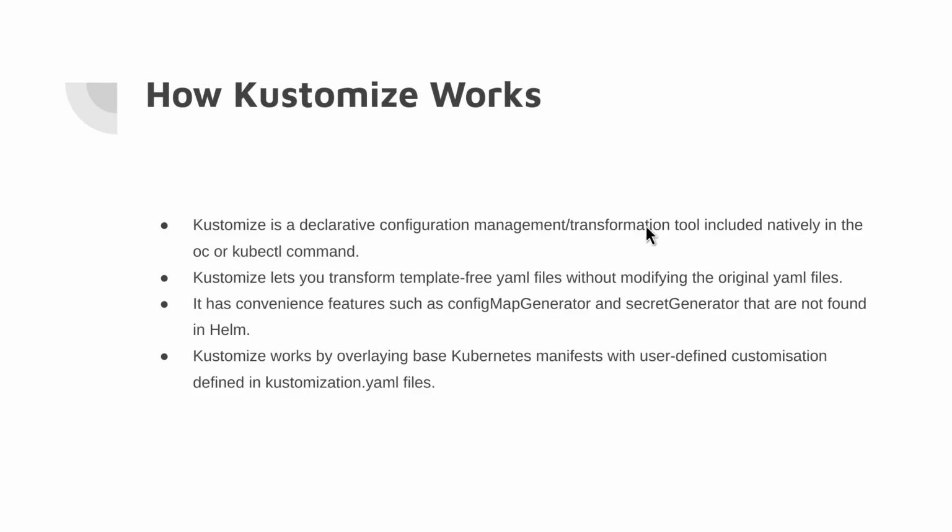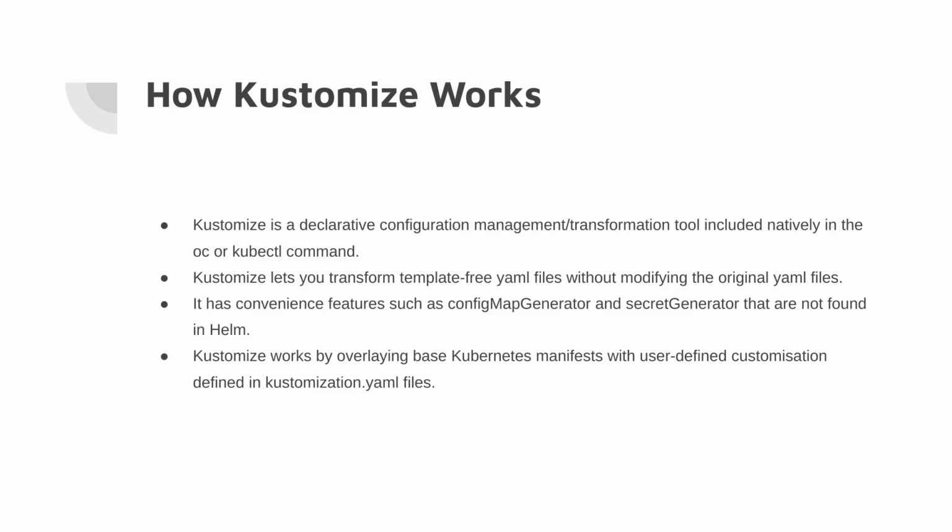Let us just recap on what Kustomize is and how it works. Kustomize is a declarative configuration management transformation tool included natively in the OC or kubectl command. Kustomize does not require template directives like Helm.